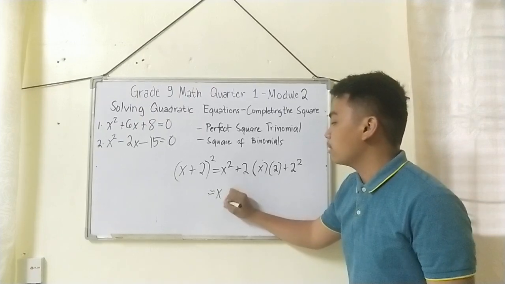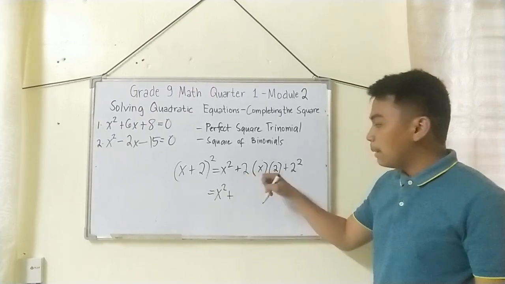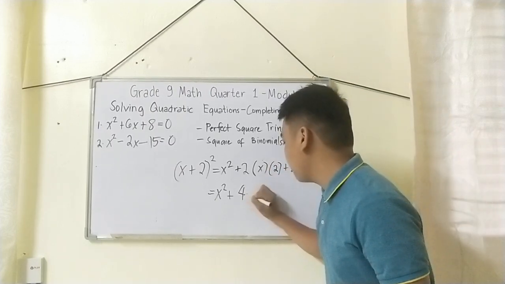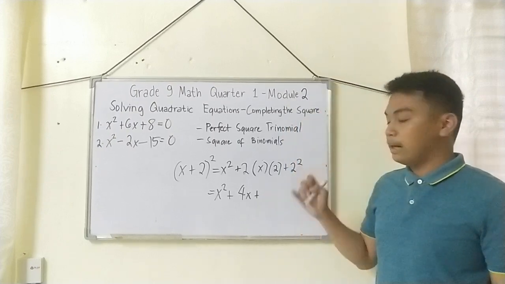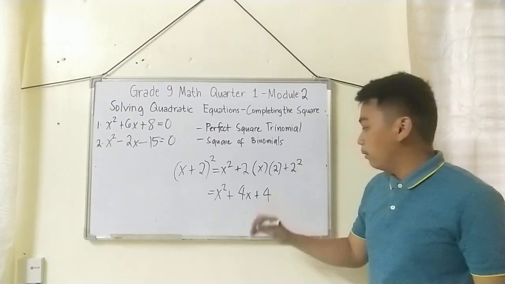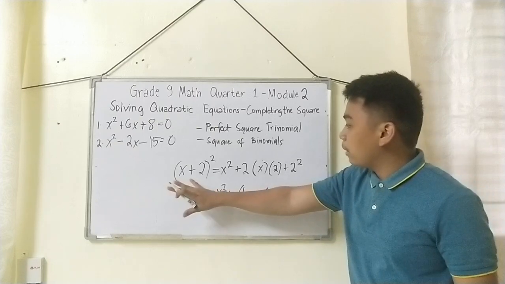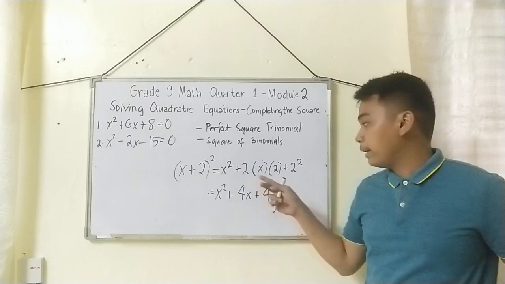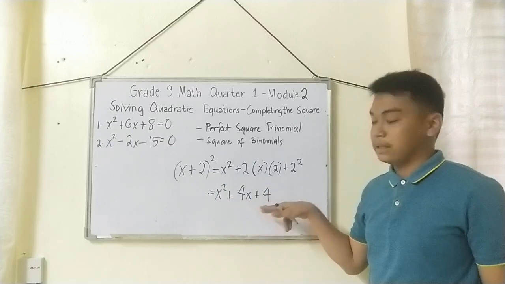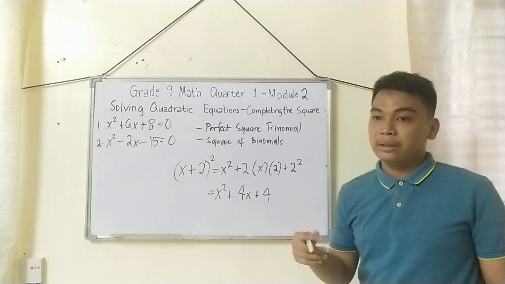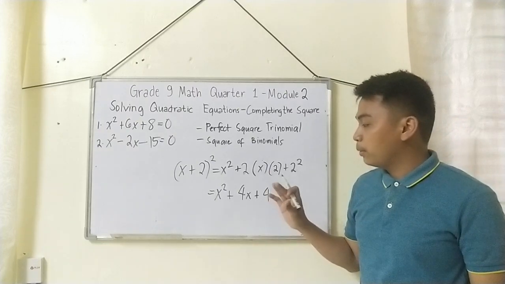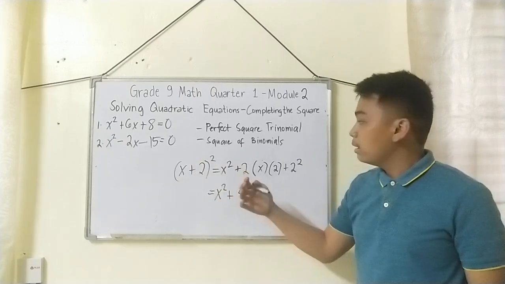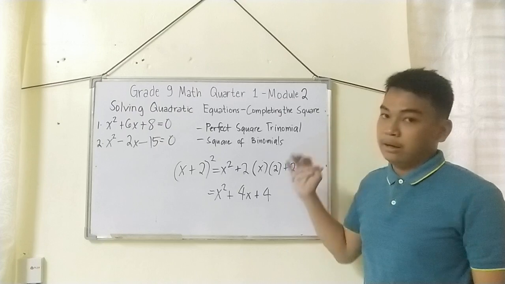So, x squared plus 2 times 2, that is 4, times x, that is 4x, and 2 squared, that is equal to 4. So the perfect square trinomial form of the square binomial (x + 2) quantity squared is x squared plus 4x plus 4. That's all, Hobbiters. That is the procedure to transform a square of binomial into a perfect square trinomial.